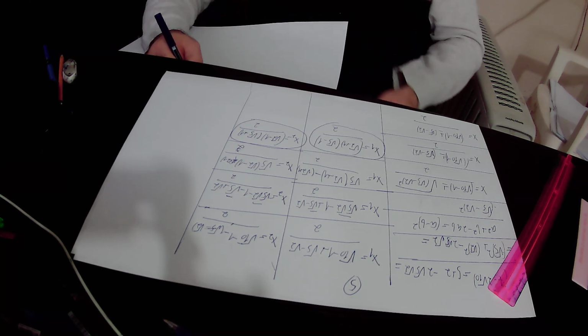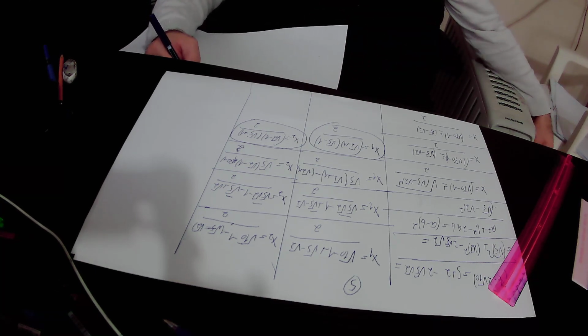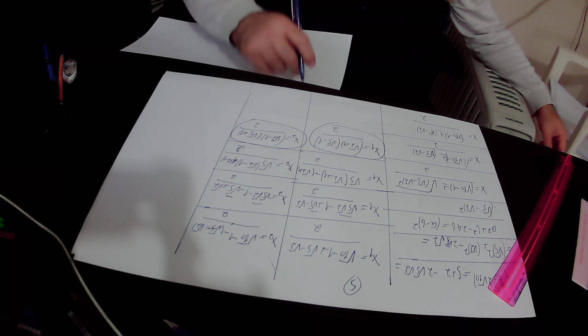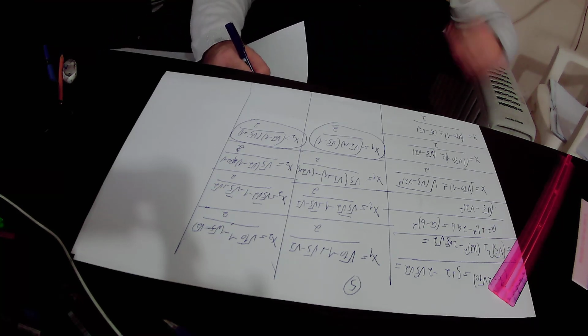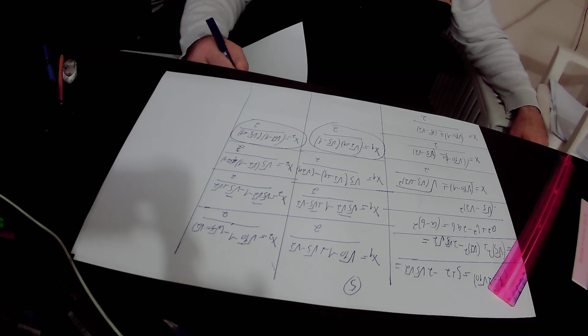So I will copy in the new page the values of x1 and x2, and we will multiply x1 by x2. Okay, so x1 equals the square root of 2 plus 1 times the square root of 5 minus 1, divided by 2.